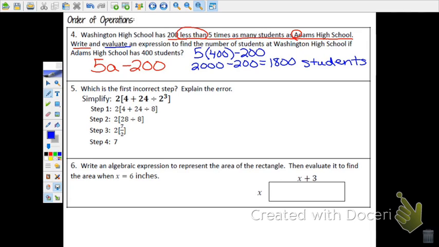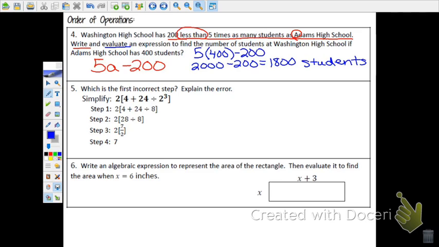This next problem, number 5, is working with order of operations. They've worked out the problem, but there are mistakes that have been made. So they want to know which is the first incorrect step. So where was the first mistake made in this problem?